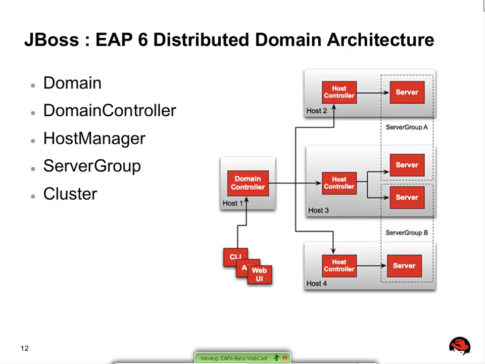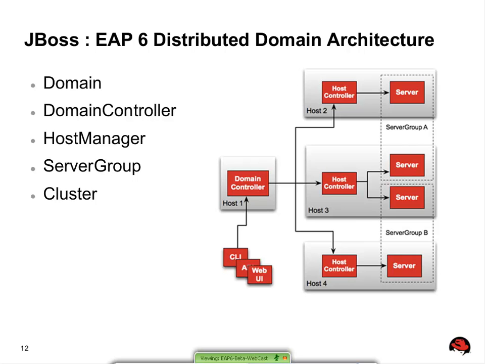It's a fairly familiar architecture. There are only so many ways of doing this, and this probably doesn't look too dissimilar from WebSphere, WebLogic, Glassfish. We have some new concepts in JBoss. We have a domain controller, which is the master controller to allow configuration and application deployments, controlling server instances across a distributed domain.